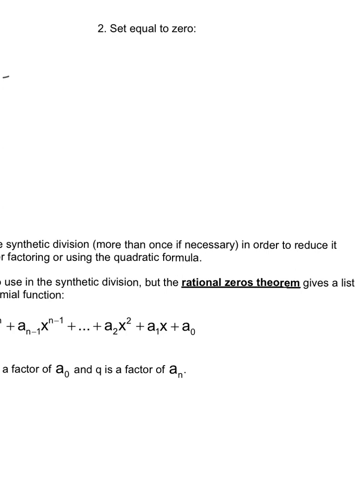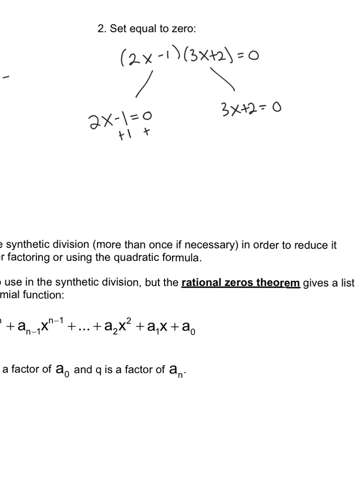Then I'm going to take those factors and set them equal to 0 to solve for x. So you have 2x minus 1. And then you're going to solve for x on both sides.